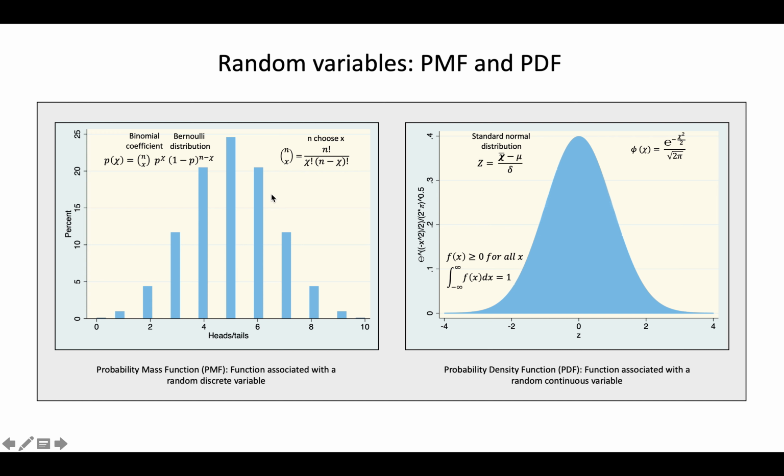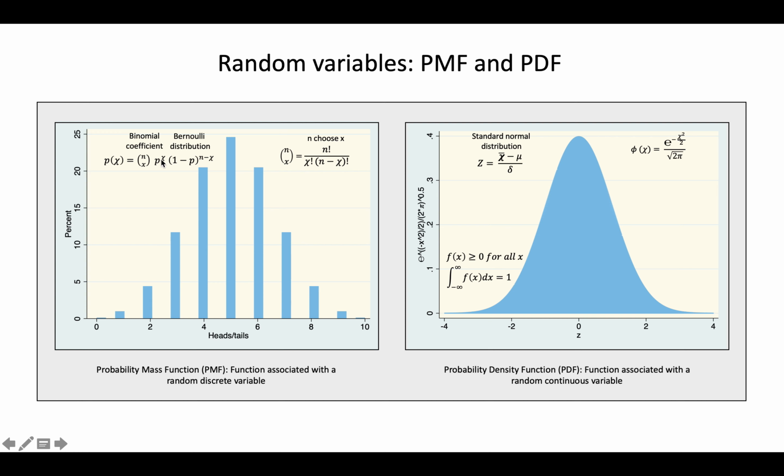So this is the binomial coefficient, and if we multiply the binomial coefficient by the Bernoulli distribution, which is exactly this one, we will obtain exactly the probability mass function for a discrete random variable.